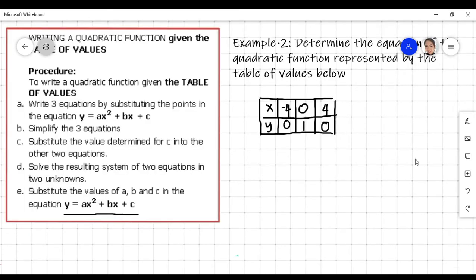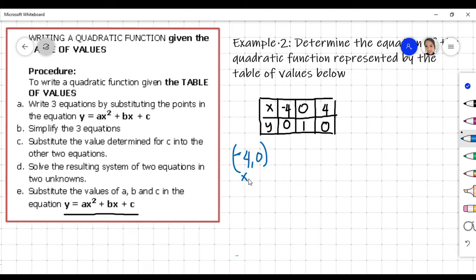Okay, second example. So how about this table of values? So we will do the same process. We will find the equation for the quadratic function given the following table of values. So let's write the first equation. So for the first equation, it will be coming from the point negative 4 and 0.